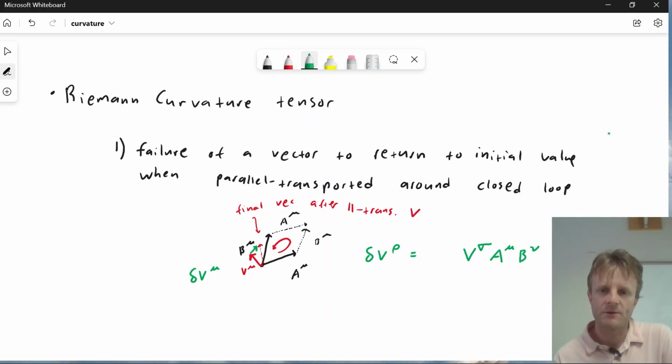And then what can I put here to make a linear map? Well, I've got one upstairs index rho so that I match my delta V. And then I need to just have indices to eat this up. So rho sigma mu nu.